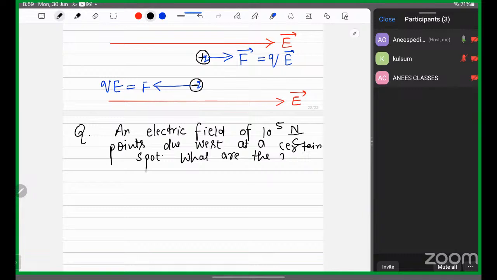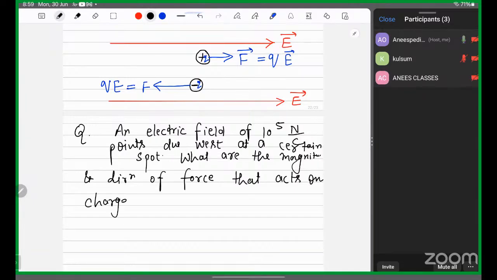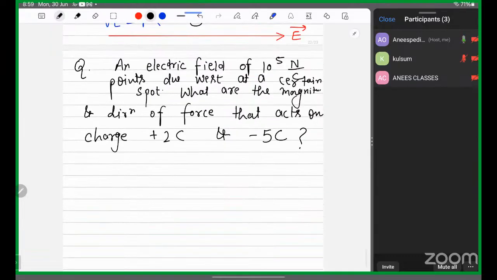What are the magnitude and direction of force that acts on charge plus 2 Coulomb and minus 5 Coulomb at this spot?